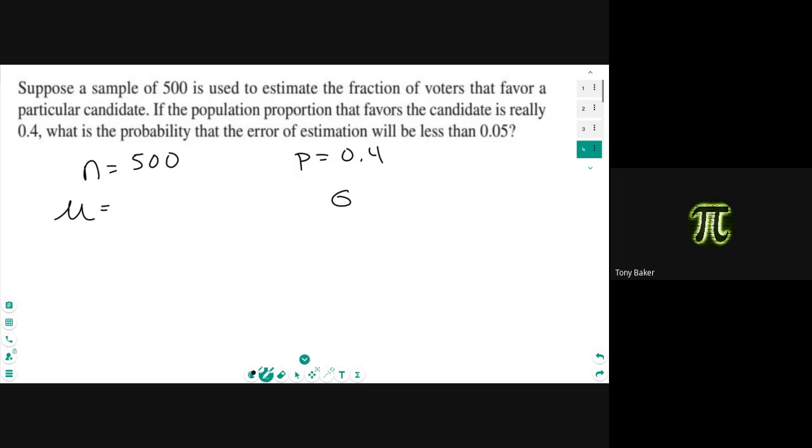Also, how many digits should we cut off at? It's like 4, right? Yeah, I would do the 4, especially if you're going to use that number and not the whole number. So I got 0.0219. And my mean is 0.4.